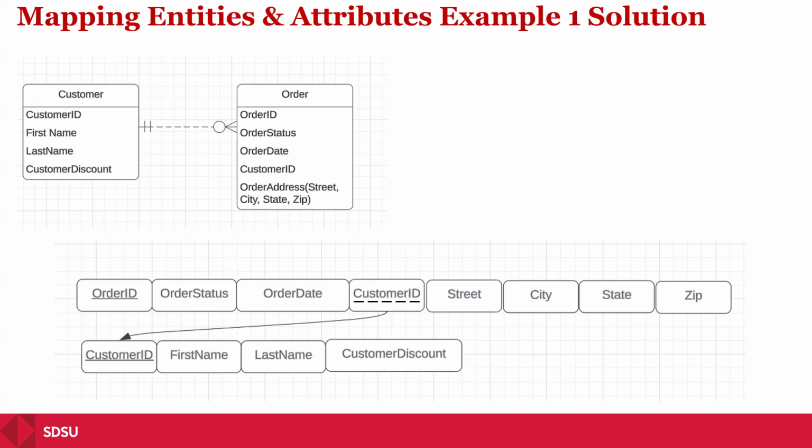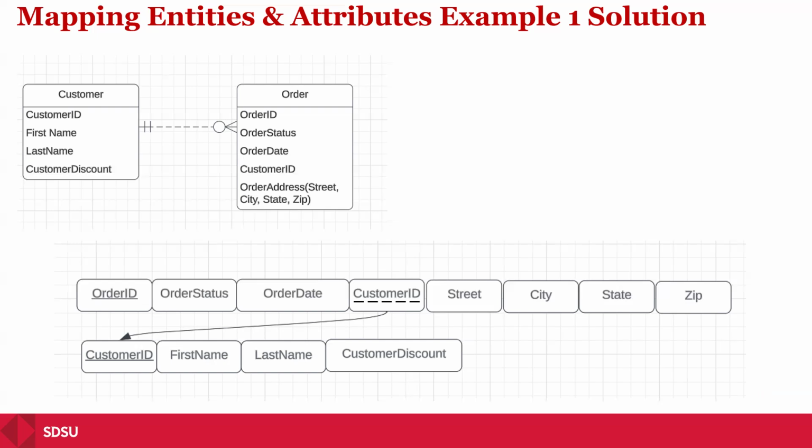For the order entity, we are going to have an order ID, order status, date, and then for the composite attribute order address, we will have separate attributes for each component. And also, we will have a customer ID added to the order table, which will be a foreign key in the order table, but it will reference customer ID in the customer table.